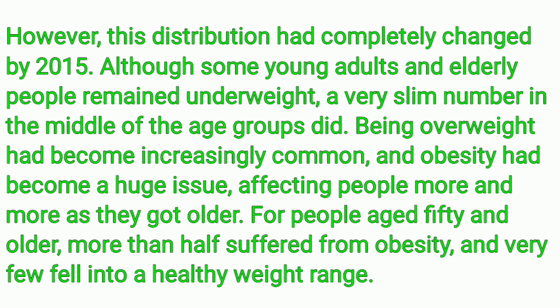Although some young adults and elderly people remained underweight, a very slim number in the middle of the age groups did. Being overweight had become increasingly common and obesity had become a huge issue, affecting people more and more as they got older. For people aged 50 and older, more than half suffered from obesity and very few fell into a healthy weight range.